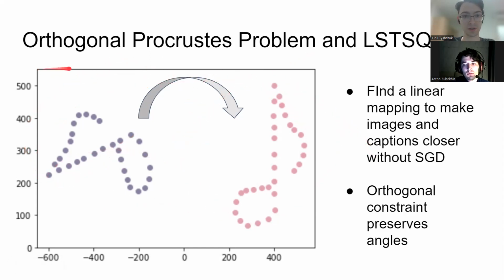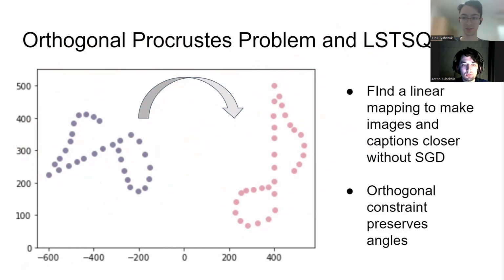There is the orthogonal Procrustes problem and the least squares problem. The least squares problem just learns a linear transform which transforms one point cloud so that it is as close to another point cloud as possible. And the orthogonal Procrustes problem is the same, but with the constraint that the matrix of the transform is orthogonal. So you do not stretch the points, you only rotate them.